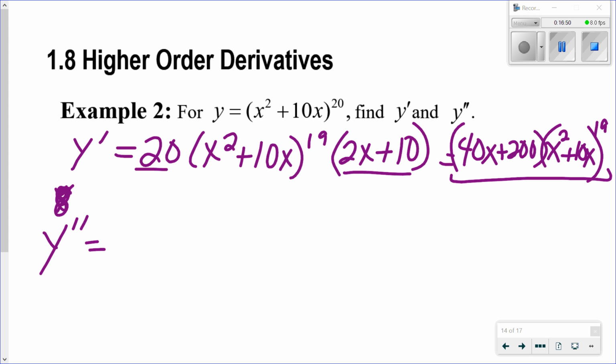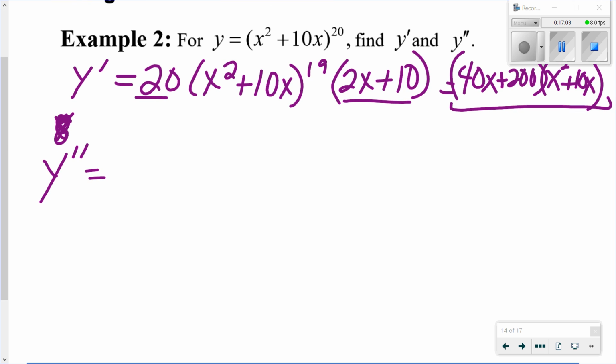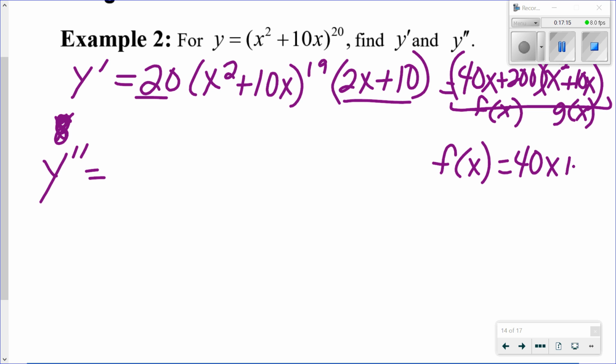All right. This now is a product. I am multiplying two things together. So in order to do this one, in fact, let's go down here. Let's call this one f of x and this one g of x. I can make a little list here. So f of x is 40x plus 200.